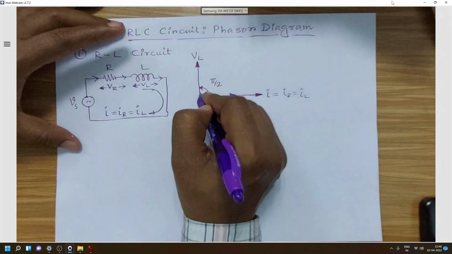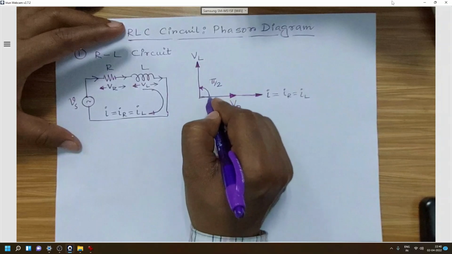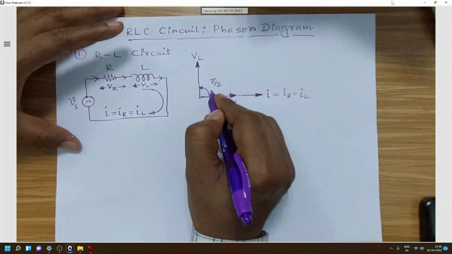So we will get the phasor VL after pi by 2 rotation in the anti-clockwise direction.